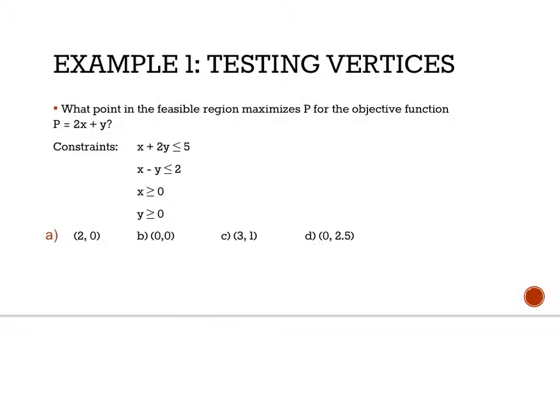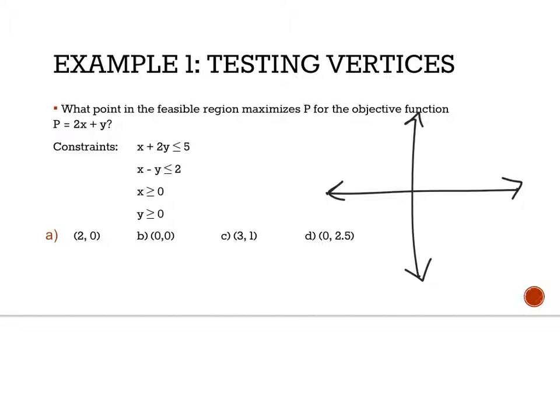Okay, the first thing we're going to do is test vertices. For this one, you have 4 constraints. If you graph them on the XY coordinate plane, the bottom 2 constraints are going to be your axes. X is greater than 0.